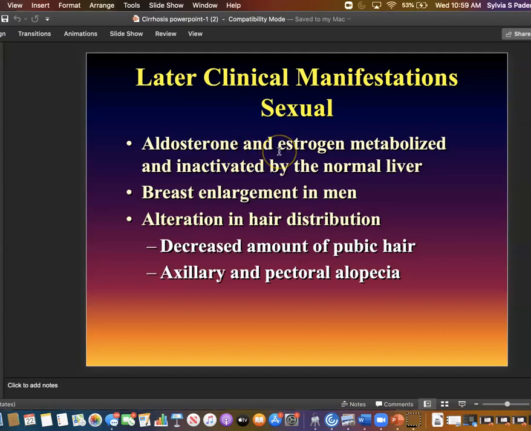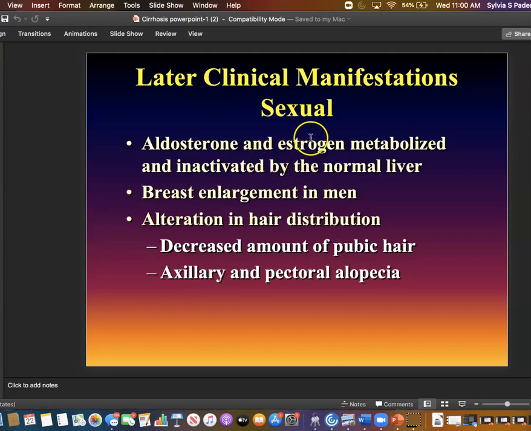Aldosterone and estrogen are metabolized and inactivated by the liver. Breast enlargement in men, and then alteration in hair distribution. So basically they become, there's less and less hair present on the body, and mostly pubic and axillary and pectoral alopecia.